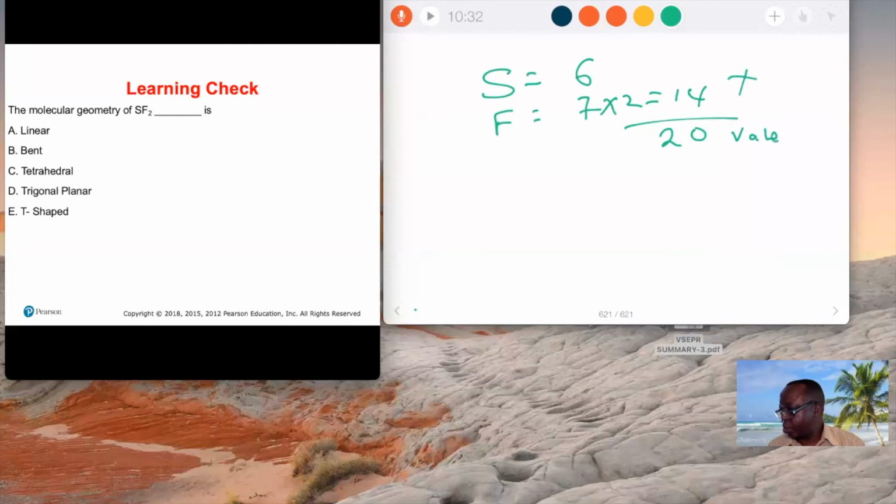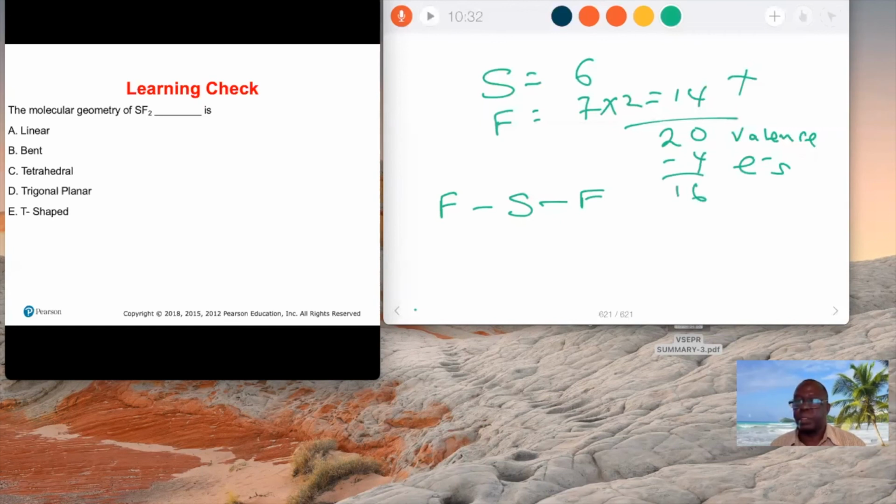Valence electrons. So if that is bonded to fluorine, we have used 4, remain 16. This takes 6, this takes 6, and how many remain?